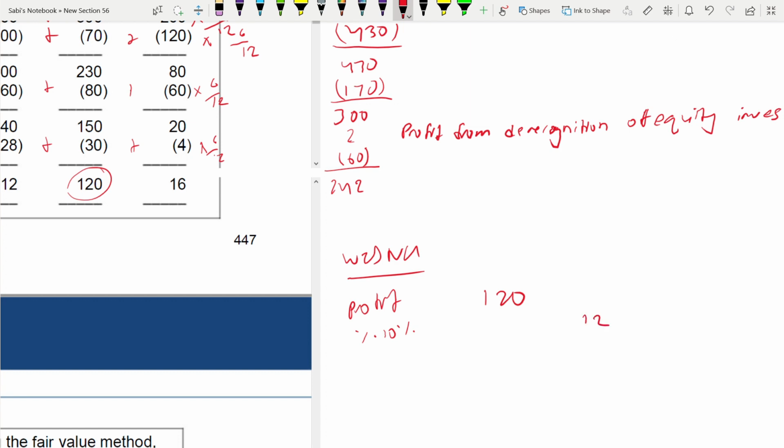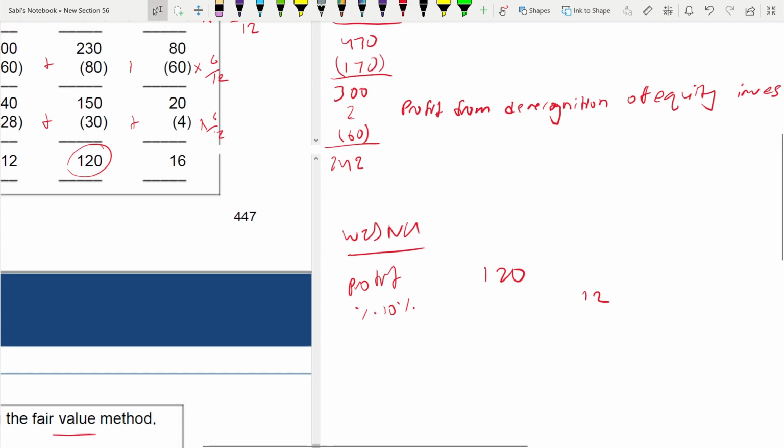Okay, now profit of Bryony in the consolidated profit and loss. You have to take post acquisition profit. This one, after this becomes a subsidiary, you have to take their profit, but only for 6 months. Okay, what is their profit? 16.